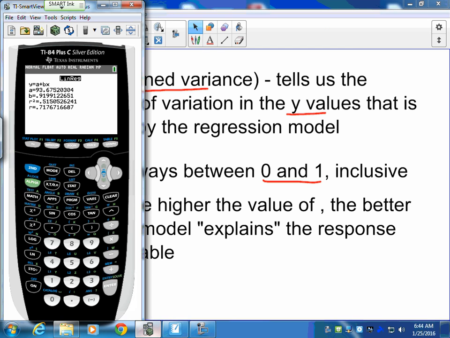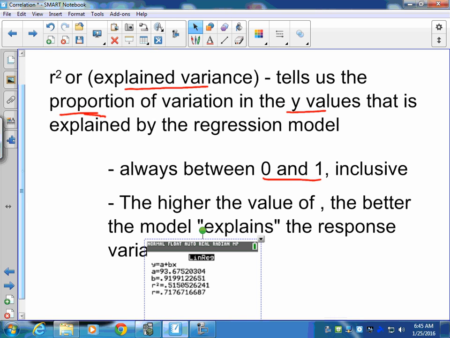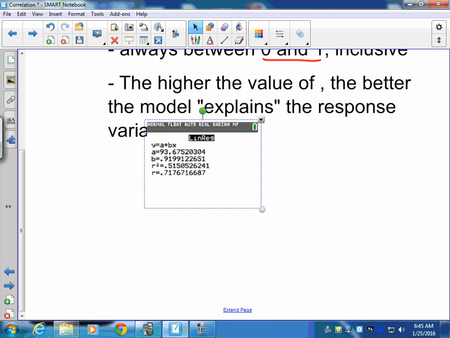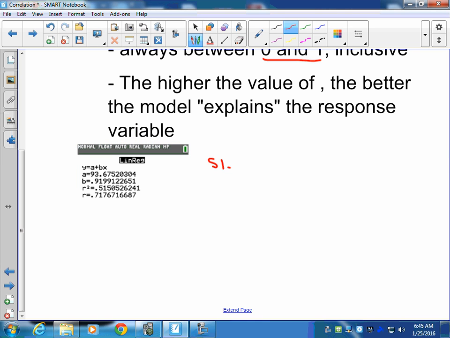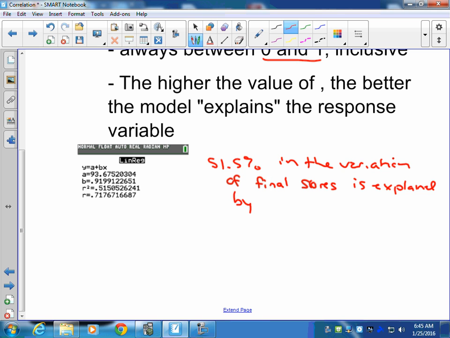So if we look at our situation, and just looking at our R squared value, this tells us that 51.5% in the variation of final scores is explained by our least squares regression line.